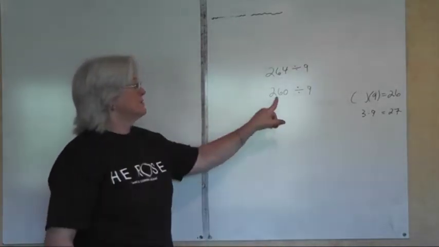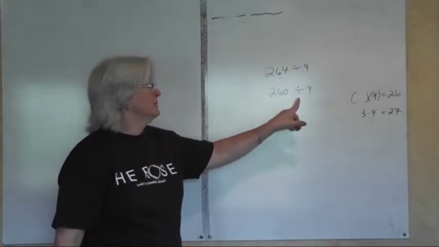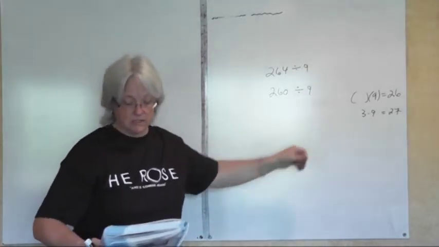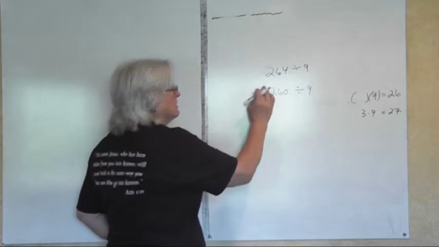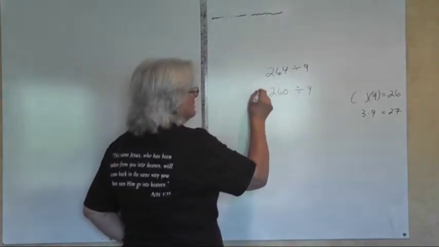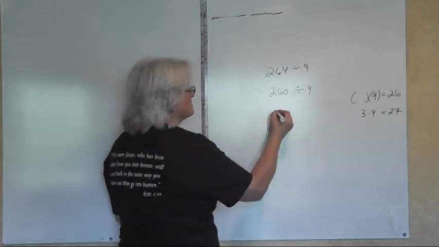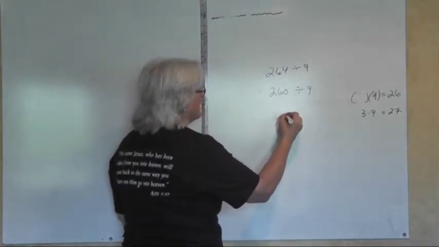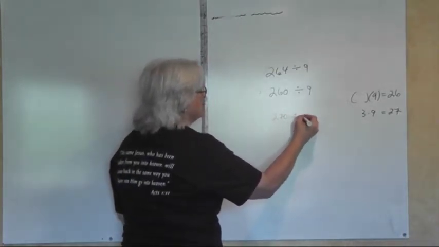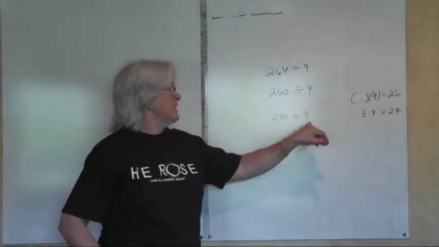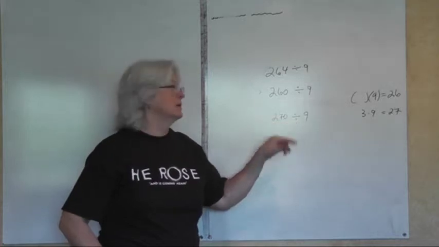Okay? So if this was a 27 instead of the 26, then it's going to divide easily. So even though this legitimately and technically rounds down to 260, we're going to estimate that as 270 for this division problem, because then we can divide.